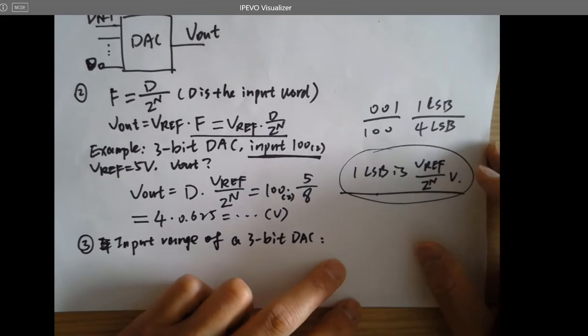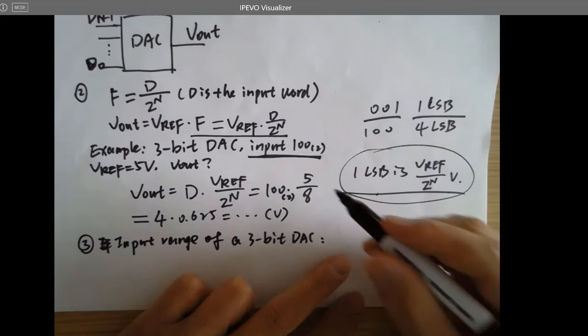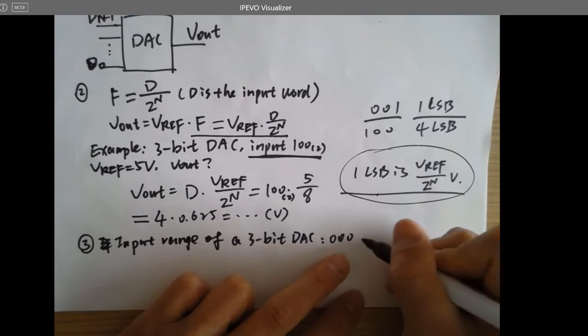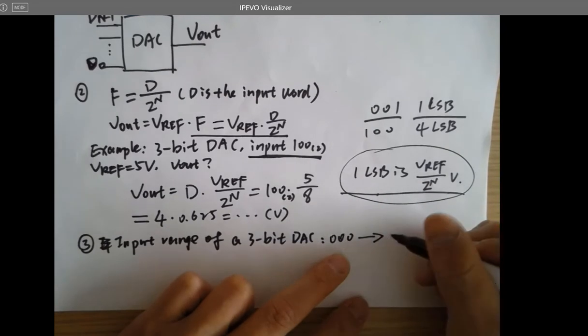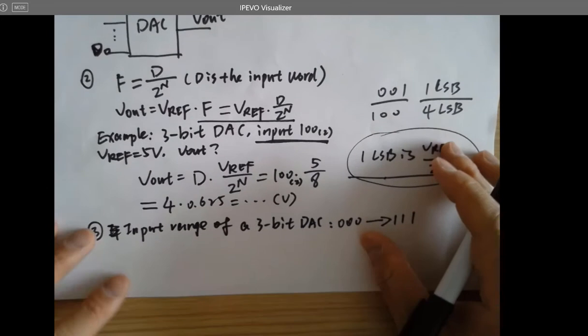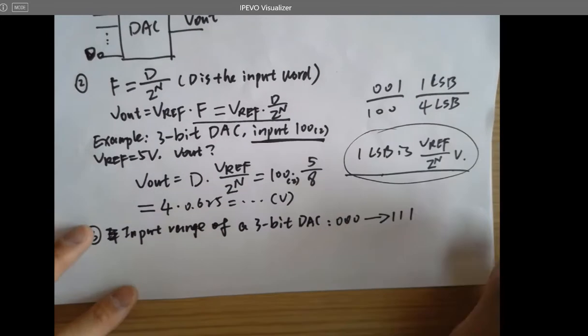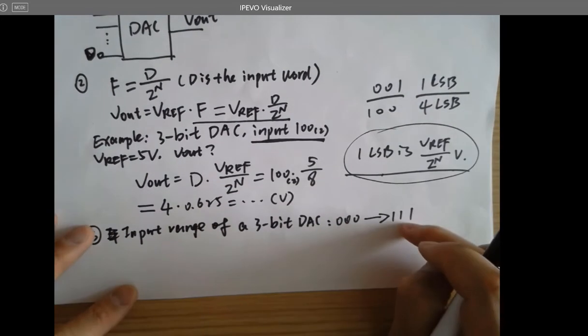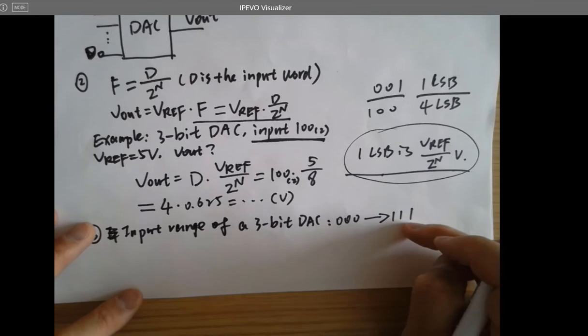Input range 000 definitely, to 111. So what's the maximum analog output of a 3-bit DAC?